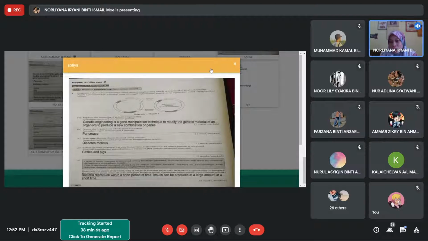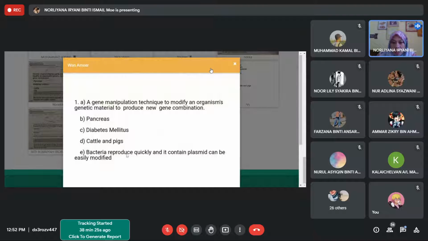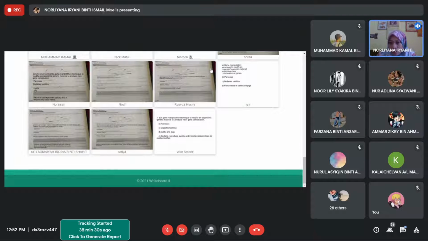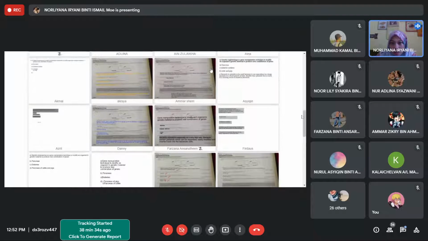Your second sentence is an elaboration of the first. For the second part, you must say it contains plasmid that can be separated easily and easily modified when we insert it back into the bacteria. Wan Amir also gets 2 marks. I think the best answer here is Farzana's answer.